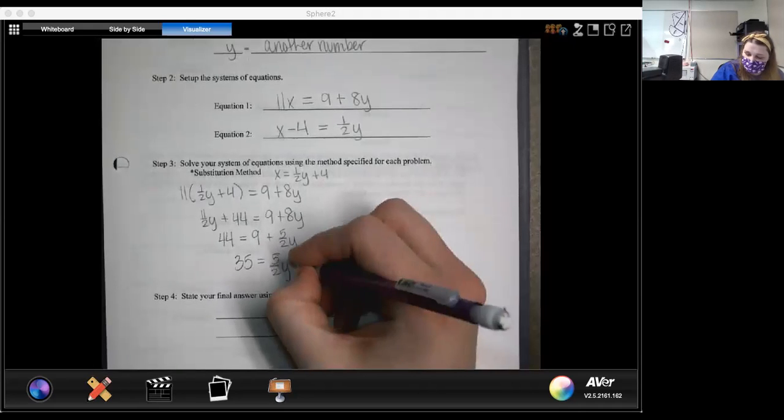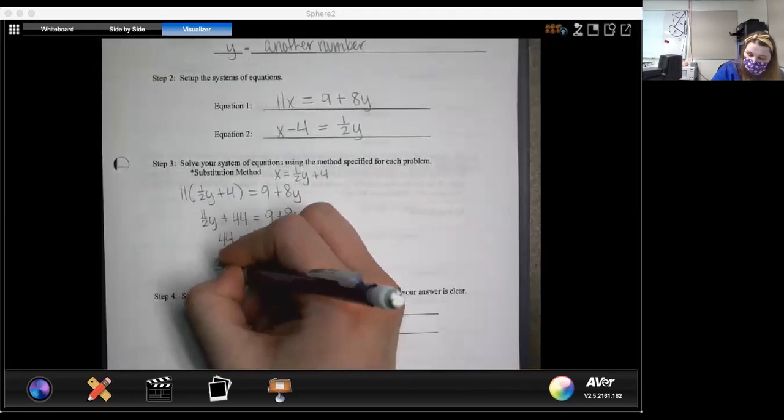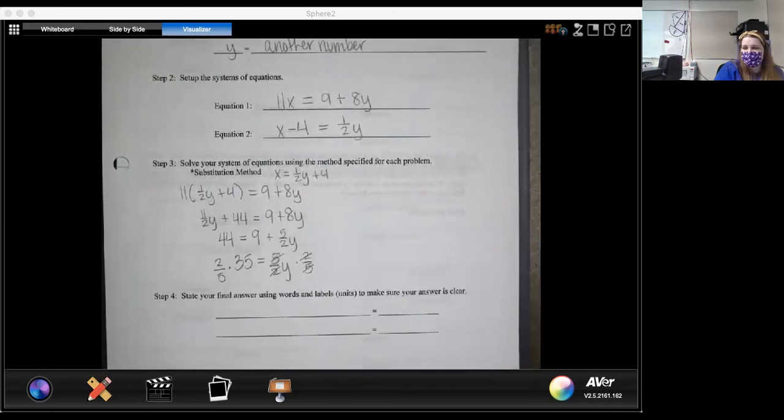So I could multiply both sides by the reciprocal. In the first option, which was multiply by the denominator, which is true, but then you'd have to divide by 5.